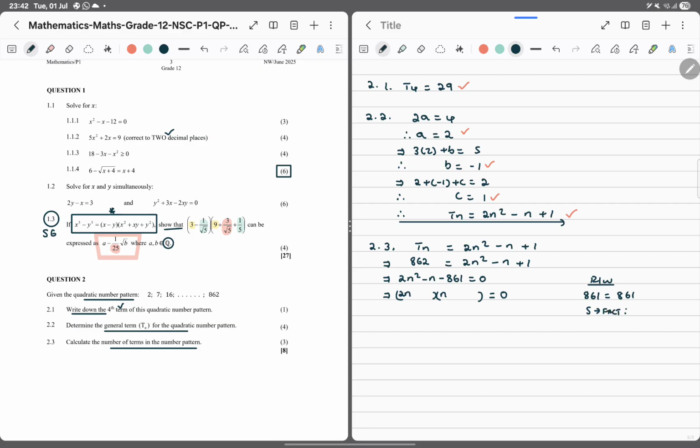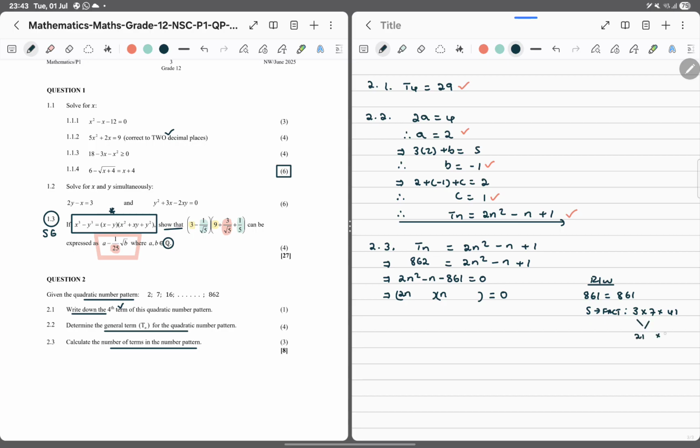What do we get? 861 shift fact. We get 3 times 7 times 41. Now obviously we want the difference to be 1, so we can multiply these.